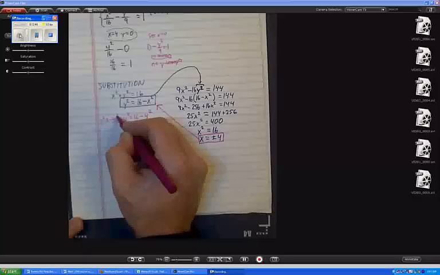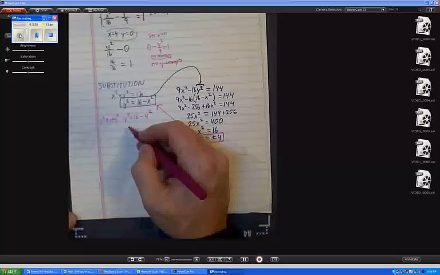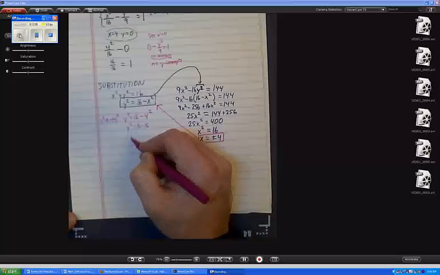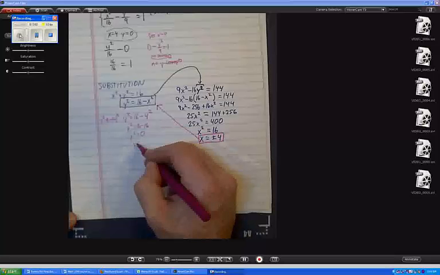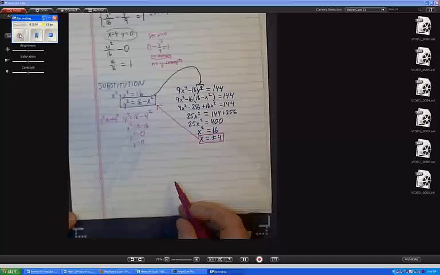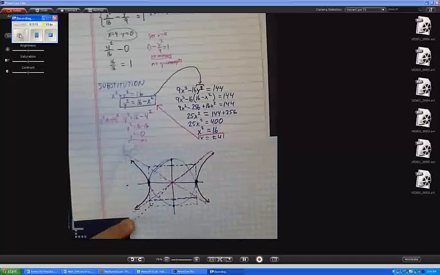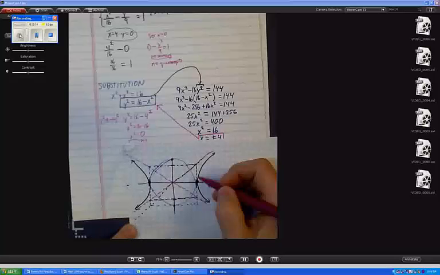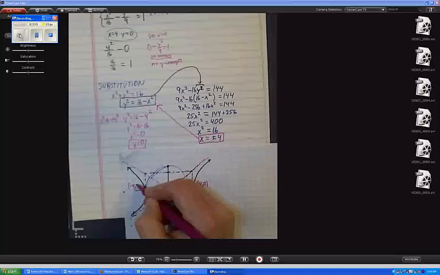But do you see that you're going to get the same thing? Because you're squaring it. So you're going to get y squared is 16 minus 16. Y squared is 0. So what does that tell me? Y is 0. And that's why we only get two solutions. The two solutions are the solutions I showed you on the graph earlier, right? So this is 4 comma 0, and this is negative 4 comma 0.